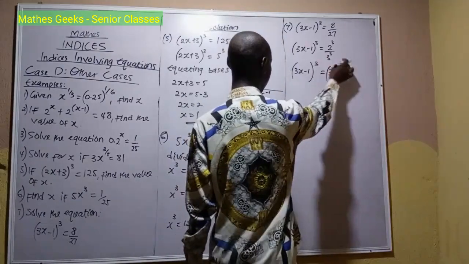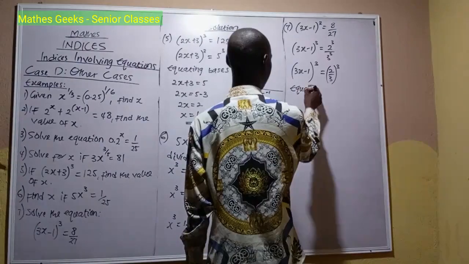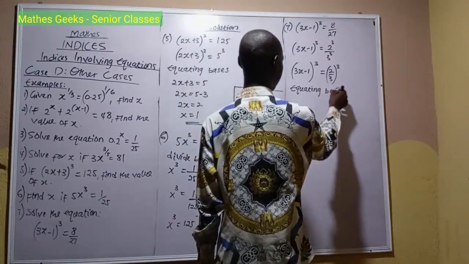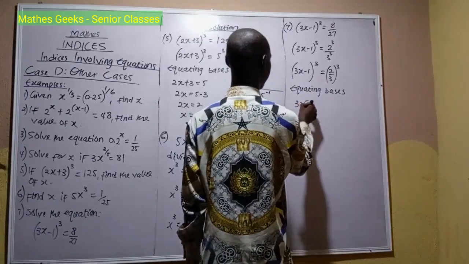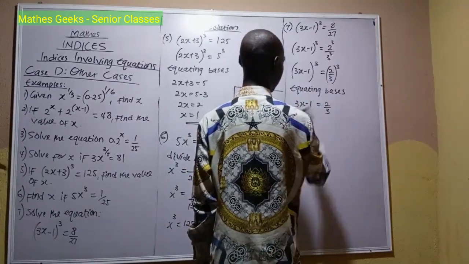So powers are the same, so we're going to equate the bases. Equating bases, 3x minus 1 is equal to 2 over 3.